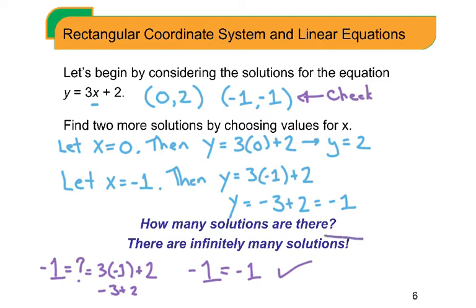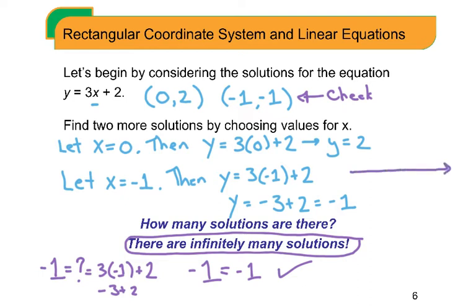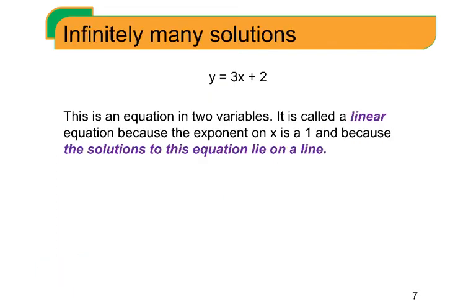So we could do this for every single value of x on the whole number line. You pick any value on this real number line, let x equal that number, and then you determine what y is. So there are infinitely many solutions. Since there are infinitely many solutions, we cannot list them.